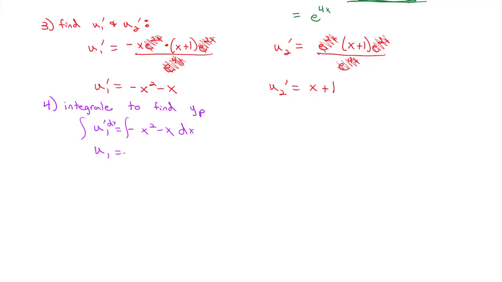And u1 is equal to negative 1/3 x cubed minus 1/2 x squared. If u2 prime is equal to x plus 1, I can integrate those dx to get u2 is equal to 1/2 x squared plus x.